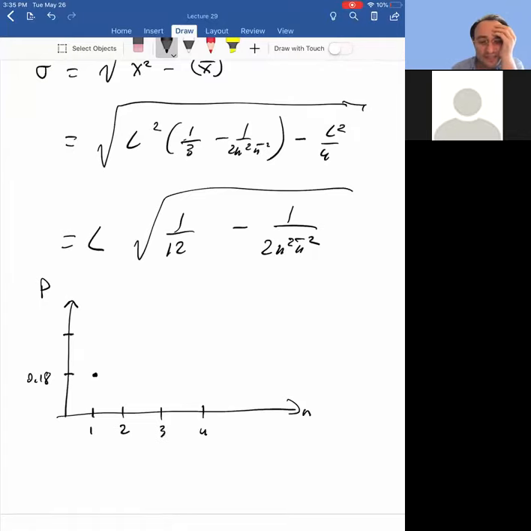They taught you all kinds of confusing information. Well, what does it mean n goes to infinity? When n is infinite, this whole term goes to 0. So eventually it goes to 1 over root 12, which is approximately 0.28. Okay, so that's the limit.